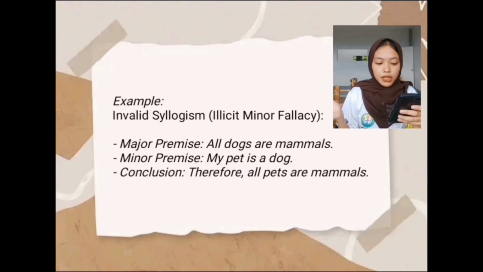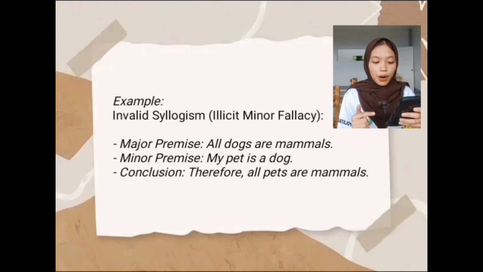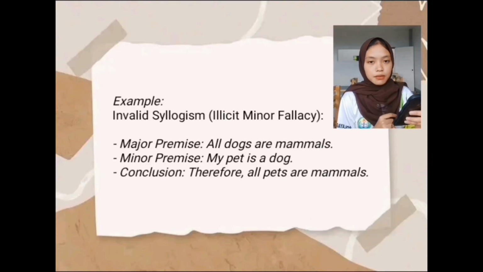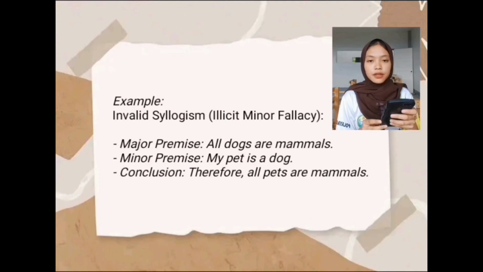My pet is a dog, therefore all pets are mammals. So this conclusion is invalid because it makes a general statement about all pets, even though the minor premise only mentions my pet. This violates the rule of the conclusion being particular and commits the fallacy of illicit minor. That is the rule for number 2.